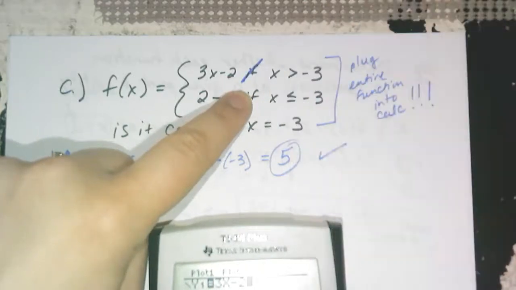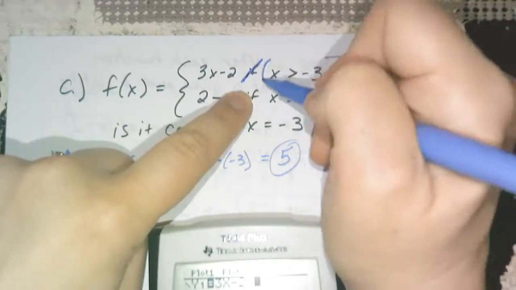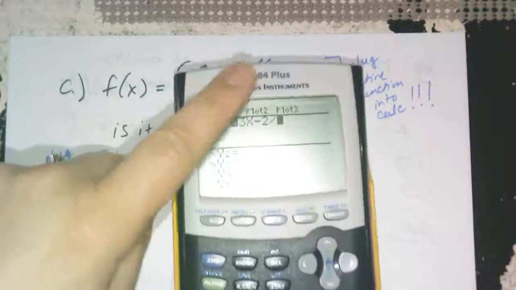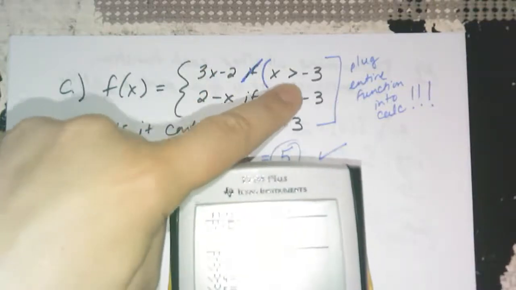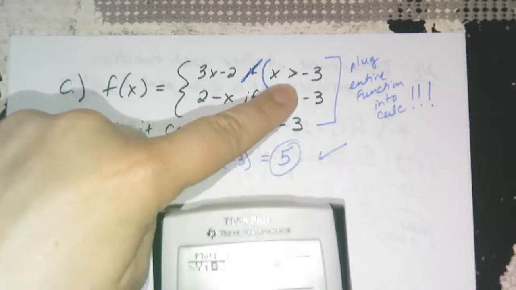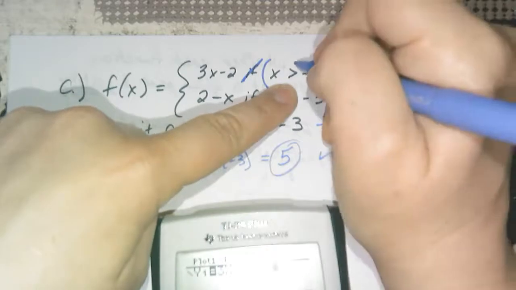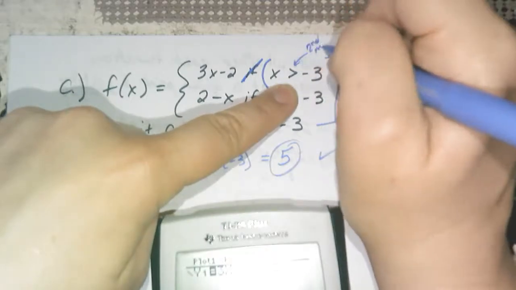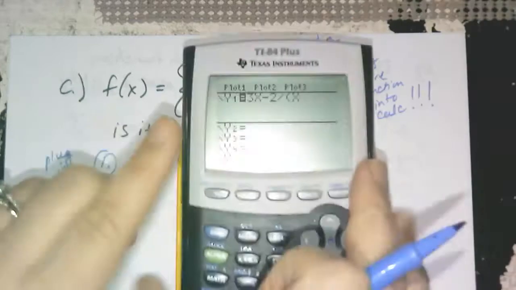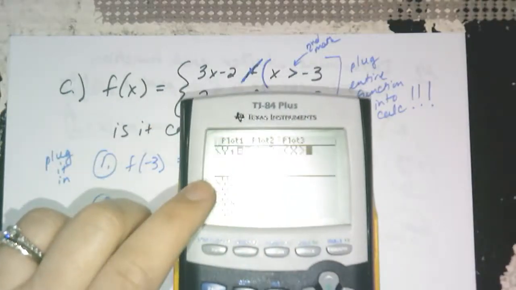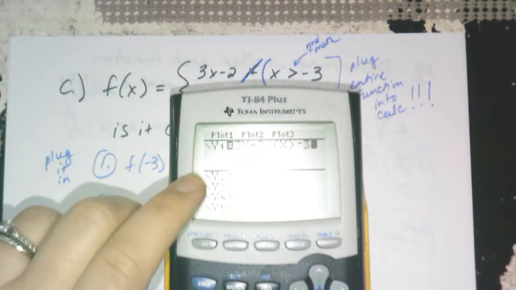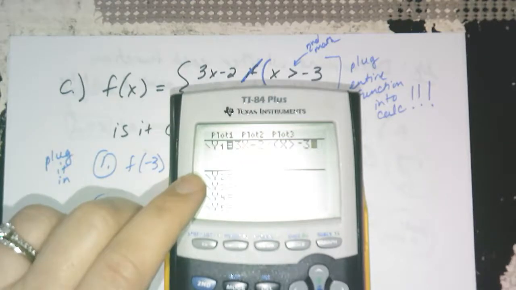Put divide. Then you are going to put a parenthesis. Then you type x again. You see this like a greater than symbol right here? This is located in second math. So right now hit second math, go to your greater than, hit -3, and then close the parenthesis.